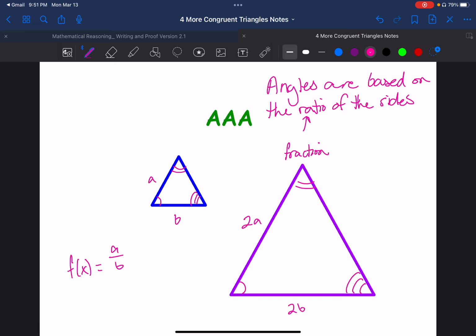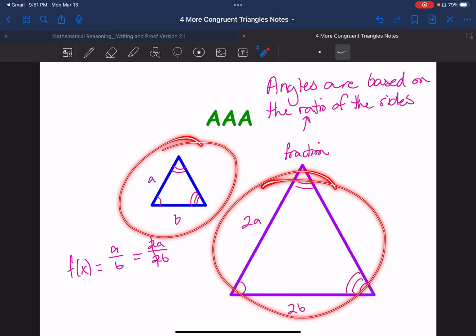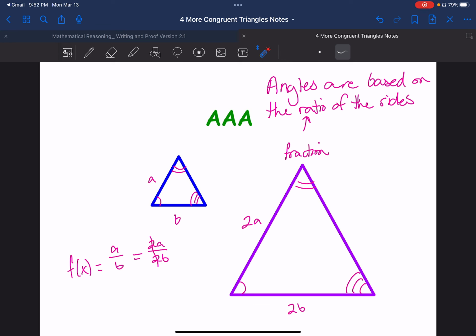This is a very simplified version. Well, that is the same thing as 2a over 2b, because the dilation that we used to take this small thing and make it bigger cancels out. That is why AAA is not a congruence: it does not account for any change in the angle.